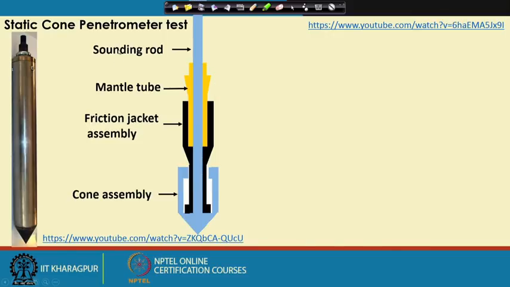Next, I have already discussed the major parts: the cone, the sounding rod, the mantle tube, the friction jacket assembly and the cone assembly. First, the cone assembly with the sounding rod is pushed 40 millimeters, and we get the cone resistance.